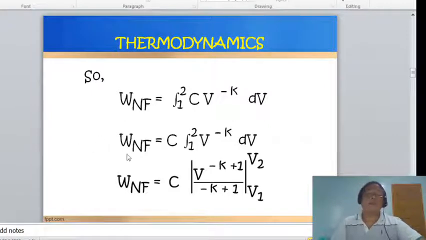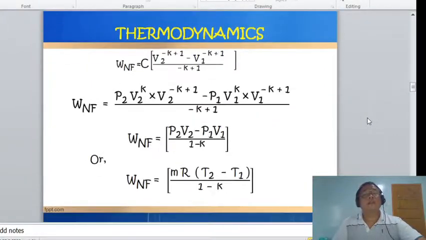Then applying the limit from V sub 1 to V sub 2, work non-flow is equal to C times V sub 2 raised to negative k plus 1 minus V sub 1 raised to negative k plus 1, over negative k plus 1.